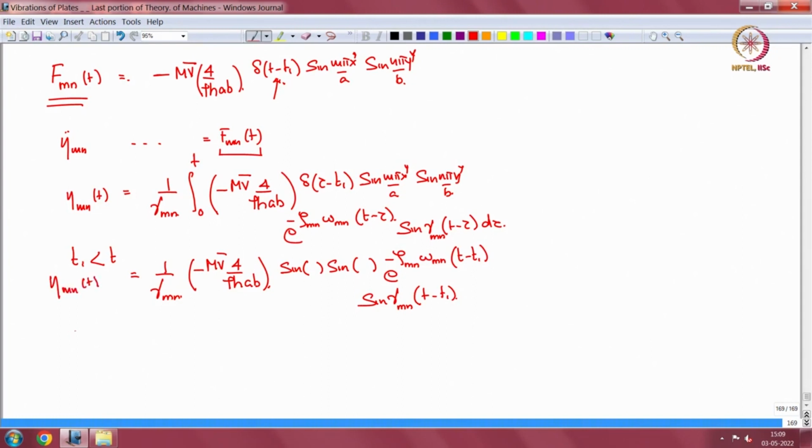Then the response is double sum eta mn phi mn, w. Okay. So you can more or less see that this is an oscillatory function and this is a decaying function. So the response will be somewhat like this, okay, oscillating and decaying.